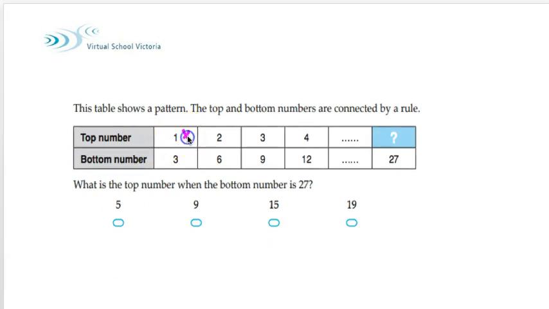You can say 1 times 3 equals 3, 2 times 3 equals 6, and that is a pattern that will probably follow through. So we would probably end up with 9 there. And I can check because 9 times 3 does equal 27. So there I've used my tables to solve that problem.